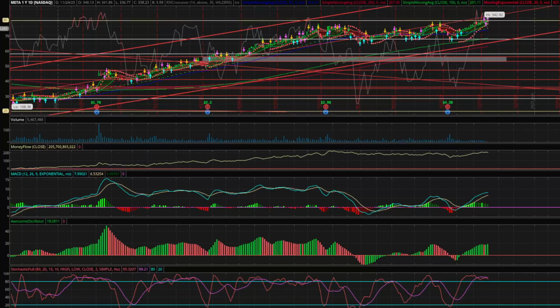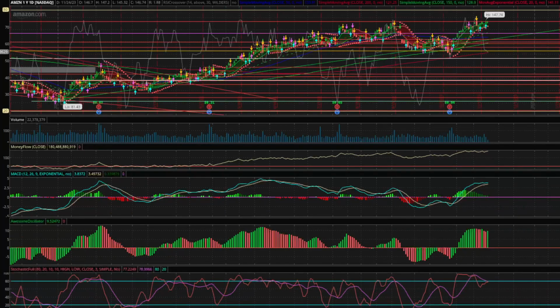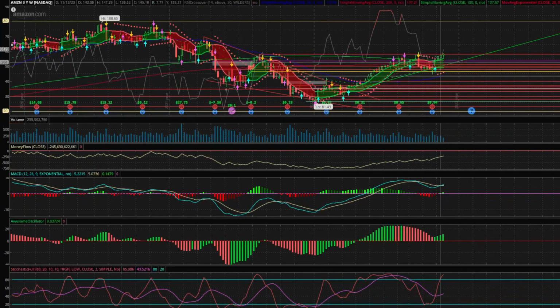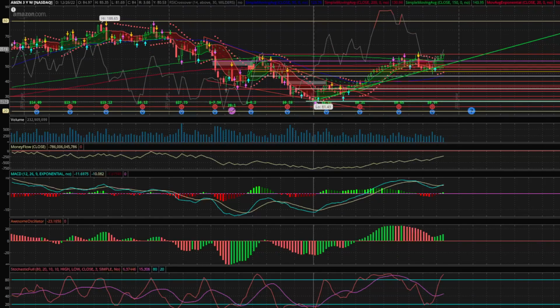But another thing that we have to look at is, for example, the Amazon, the amazing Amazon, because Amazon is at $147.74, and this is also a high. So once again, you have a new high since we had the bottom at $81.43.